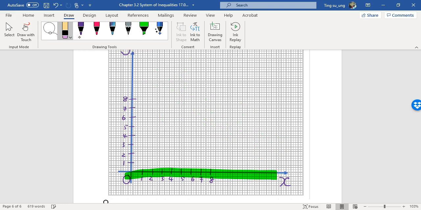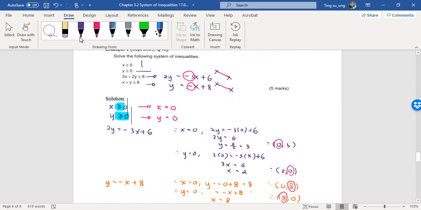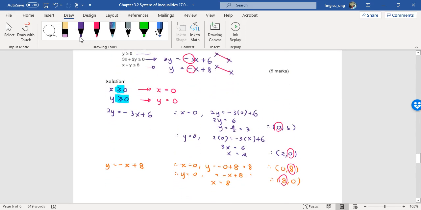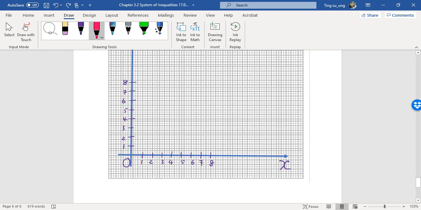Okay, let us proceed with the third equation. So you need to plot already. You can plot these two: 0, 3 and 2, 0. Where is your 0, 3? So you can start to plot 0, 3 and 2, 0. So it's these two.